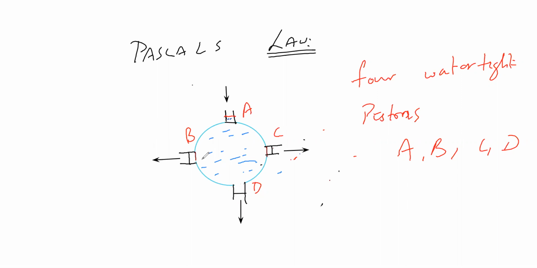C was here, B was here, and D was here. These will push the pistons from this point to this point, which means if I'm pushing the piston from here to here, it will push the pistons B, C, and D the same distance.